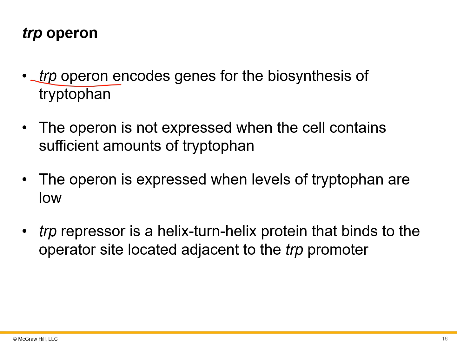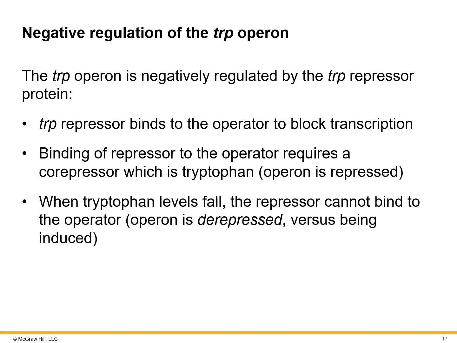Now, ordinarily, the operon is always running, but if there's enough tryptophan in the cell, the operon will shut down, or in other words, the enzymes necessary for producing tryptophan will no longer be transcribed. And this makes sense, because if you have enough tryptophan in the cell, why would you want to produce more? It's a feedback mechanism that when you produce enough tryptophan, it shuts down earlier stages of the process.